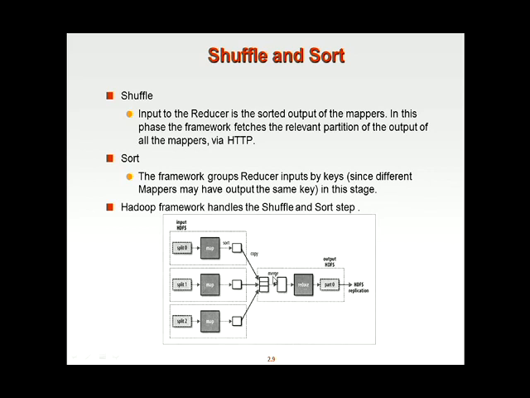So in this figure, assume that we have 3 mappers, okay? Each mapper will have some output. You can still use word count as an example. You can think about one large document file, a data set. It is split into 3 parts. So each part is processed by one map function, by one mapper.